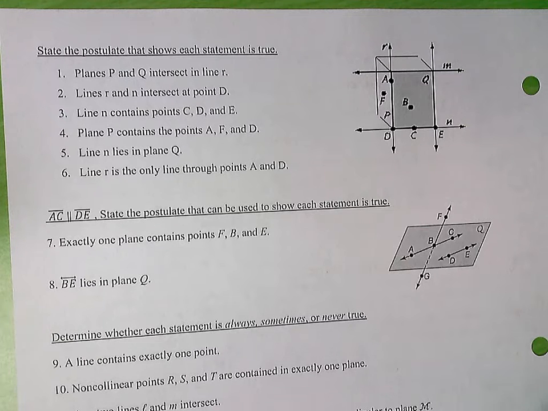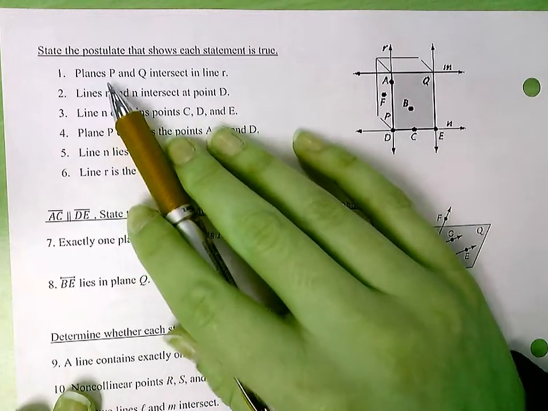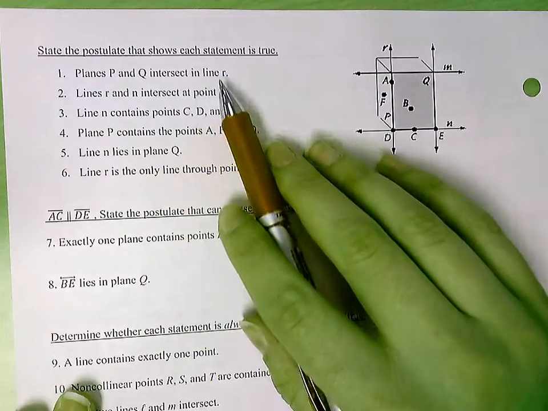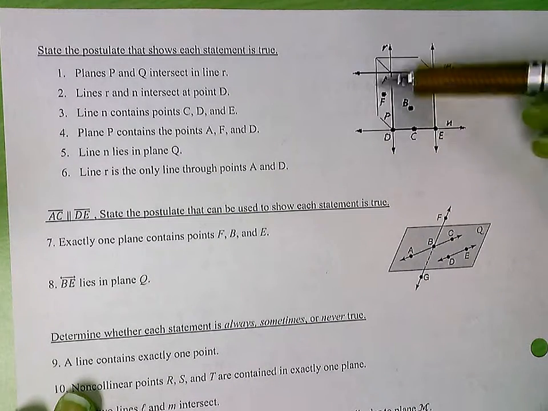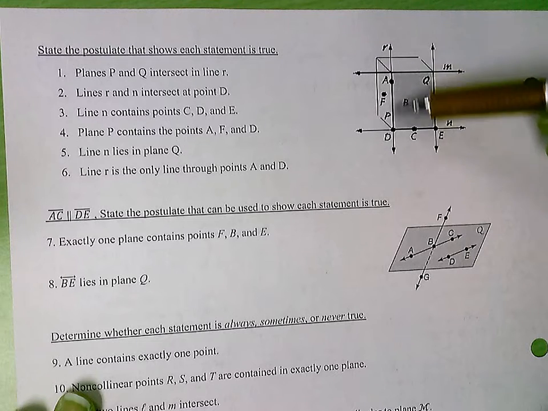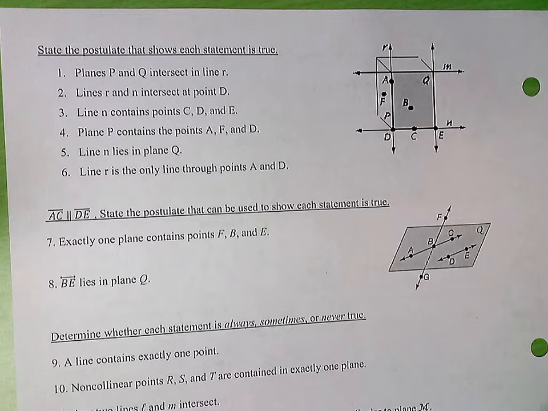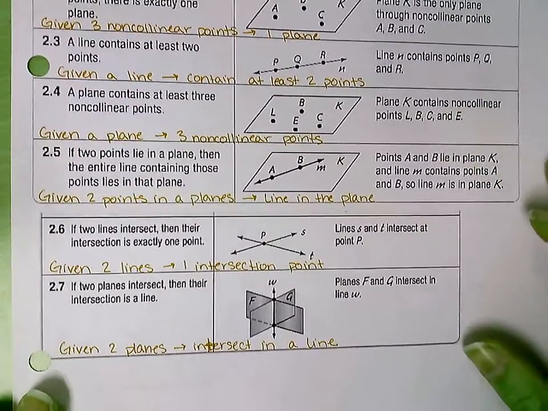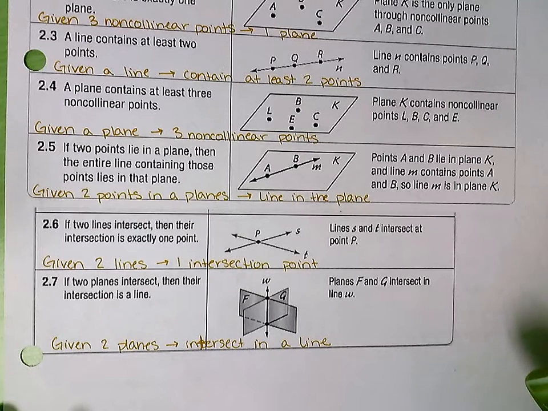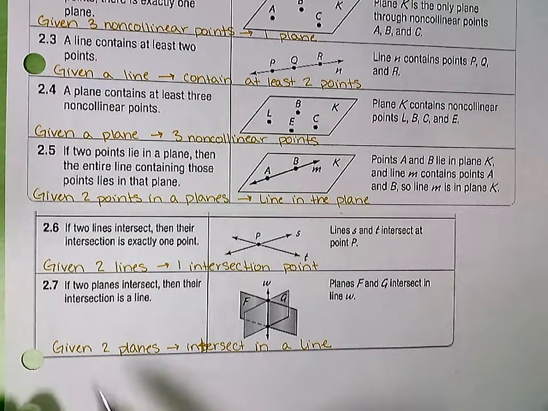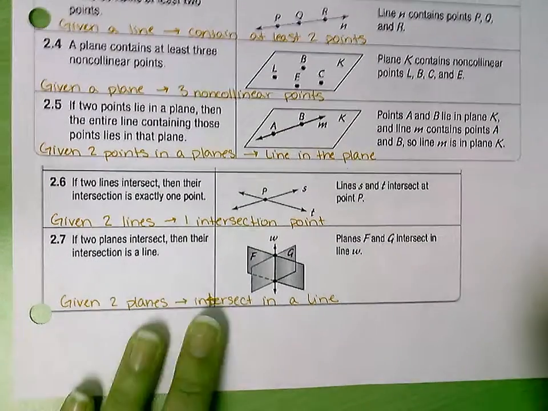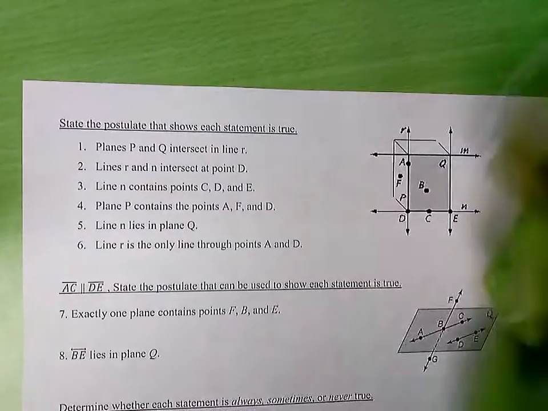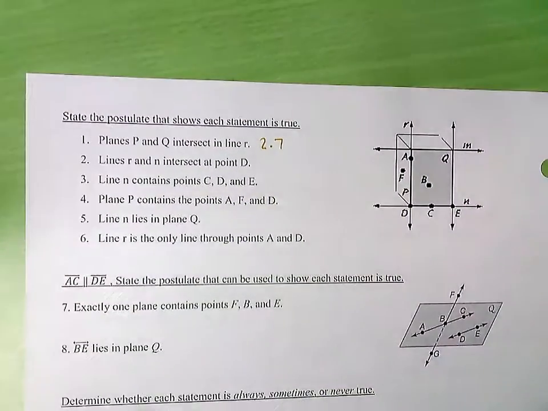In number 1, we have planes P and Q intersect in line R. Here you can see plane P, plane Q. The line of intersection is line R. If I flip to the front, I have 2 planes that intersect in a line. 2.7. So number 1 would be 2.7.